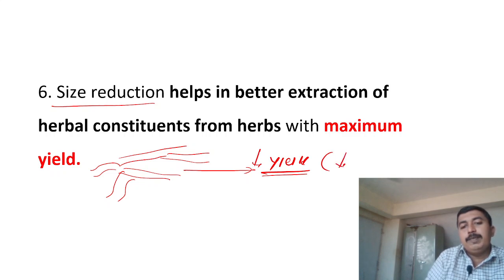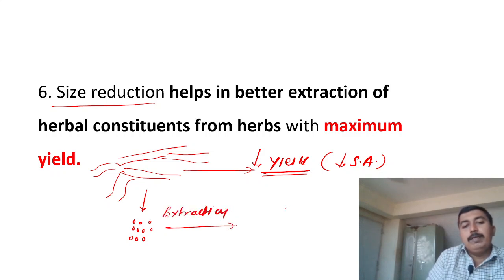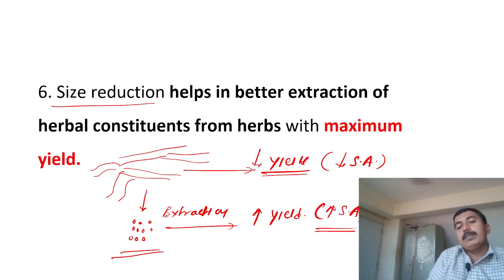Size is more, surface area is less. Instead of that, if I convert this into fine powder particles, and later on perform the extraction with the help of different solvents, the yield will be more. Why? Because I have fine powder particles. So more yield is due to more surface area.